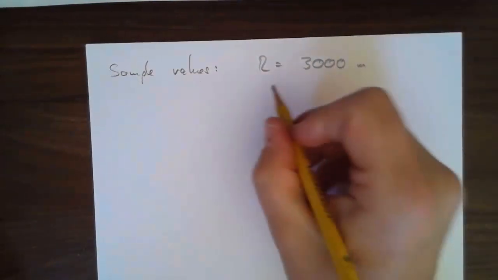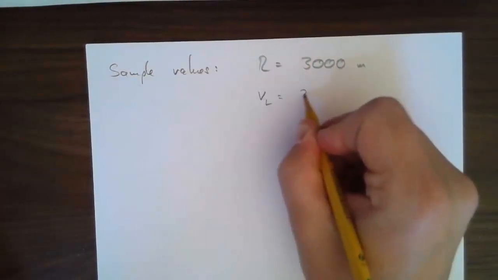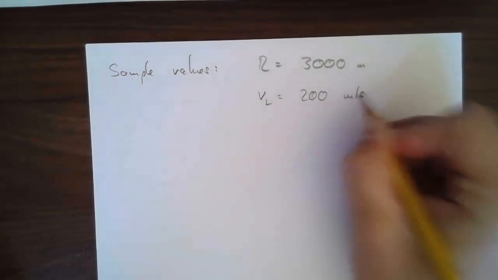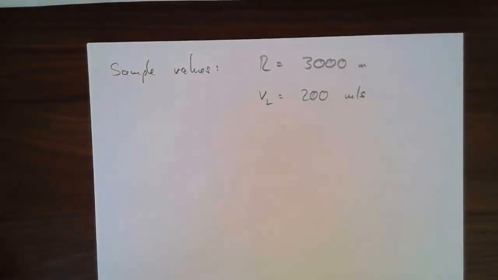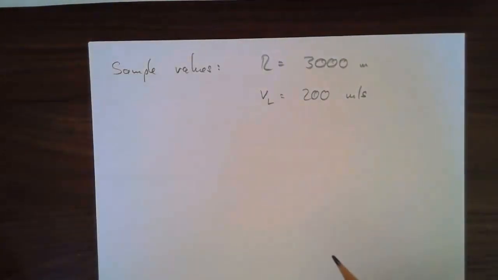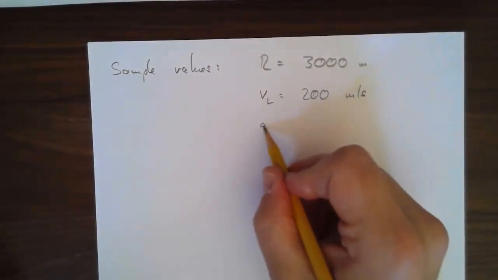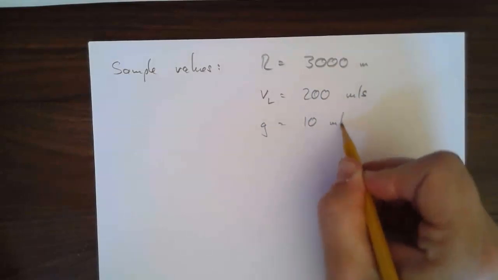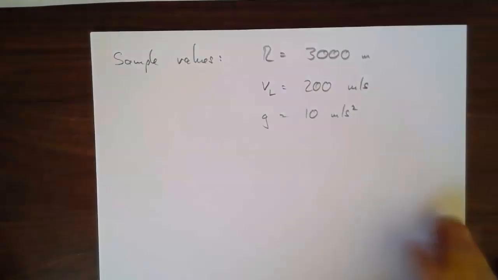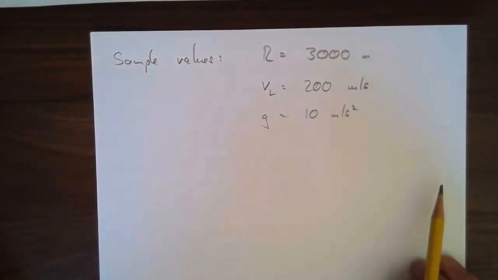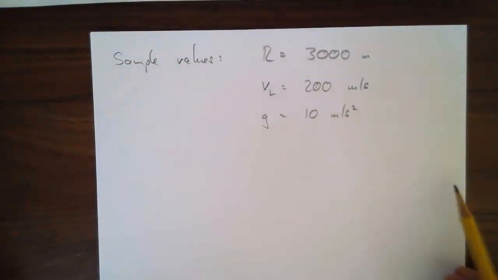The cannon is fairly good. My launch speed is going to be 200 meters per second. I think that's fairly realistic for the type of cannon you'd put on the type of ship that we're imagining here. Okay, and of course we're on Earth, so g is 10 meters per second squared. I know it's 9.8, but let's be honest here, our life is easier if we stick with 10.